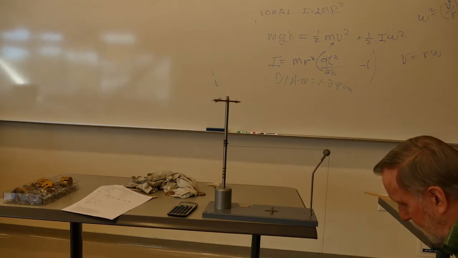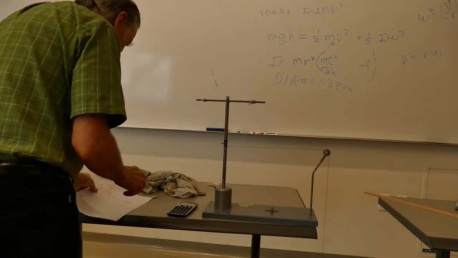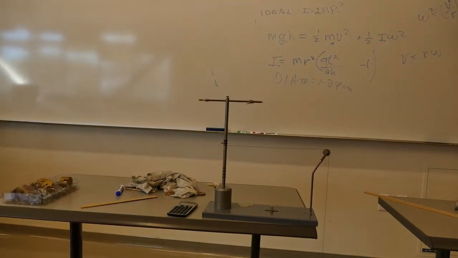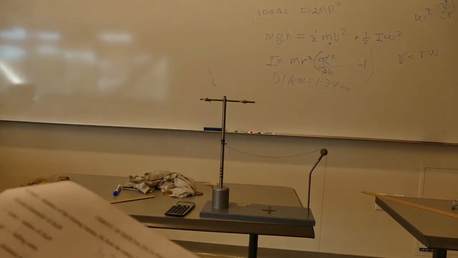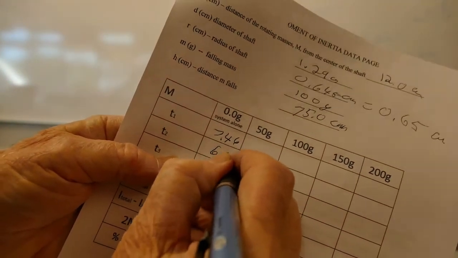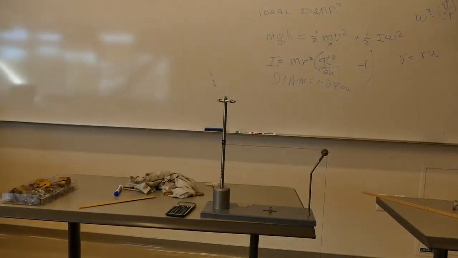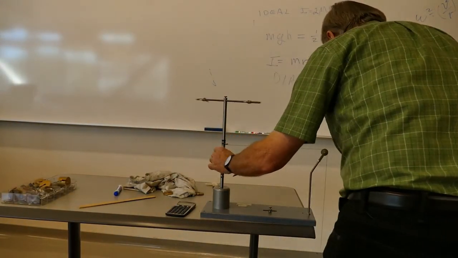Got it? I'm getting 6.96. Last time we got 7.4. So that's a measurement error of about half a second, which is fairly large, but that's what it is. 6.96. And let's do it a third time, just to see if we can get a reasonable average here.